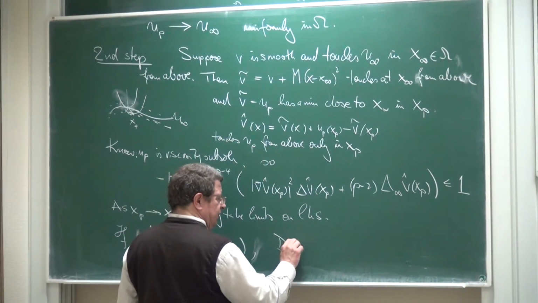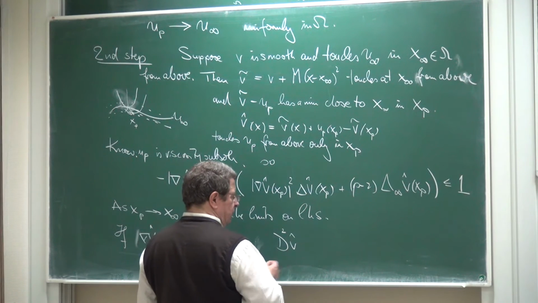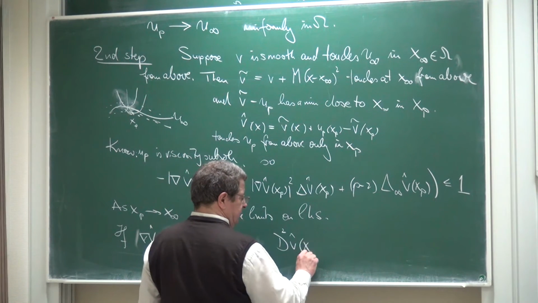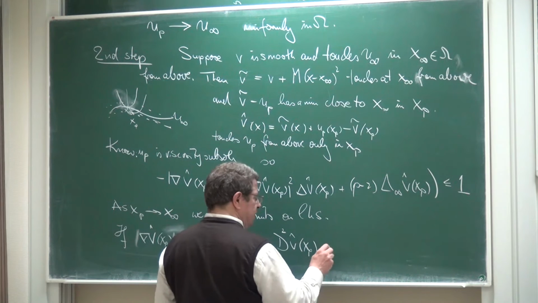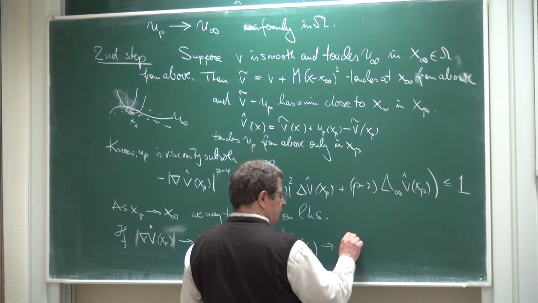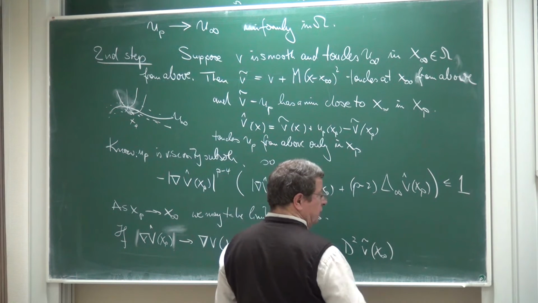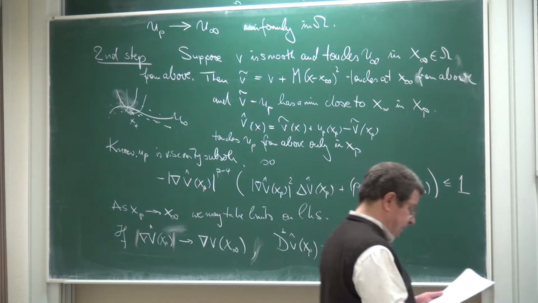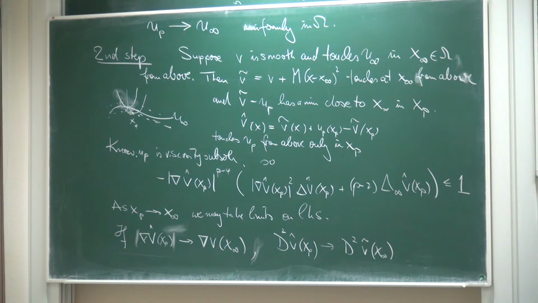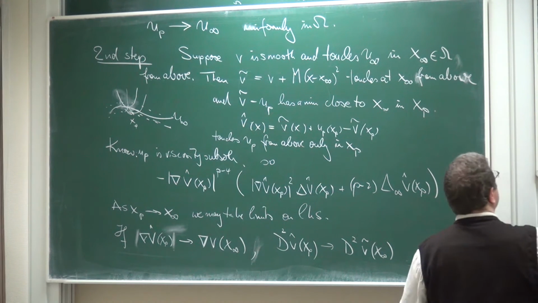And the second gradient of v hat in x_p tends to the second gradient of v tilde in x_infinity.